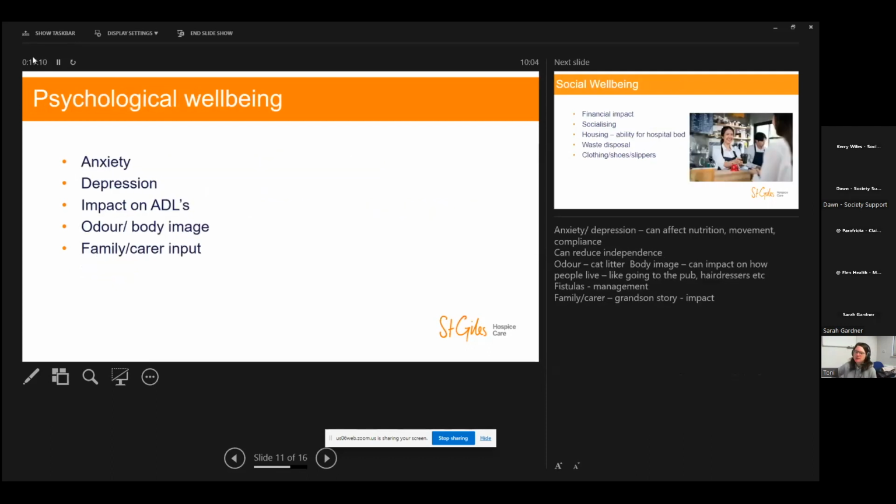When we think about psychological well-being, as we know, this can have a huge impact on our patients. Things like anxiety and depression. It can affect nutrition, it can affect movement, it can affect how concordant our patients are, it can reduce independence. In the context of tissue viability, people can go into those positions where they don't move very often.